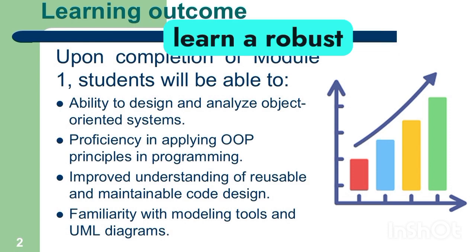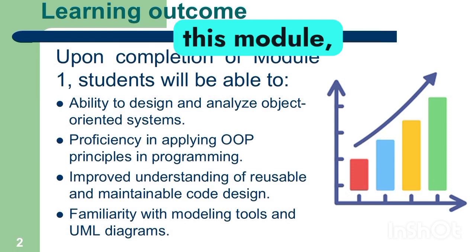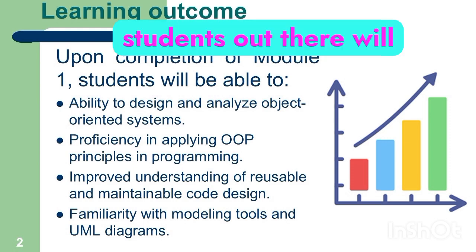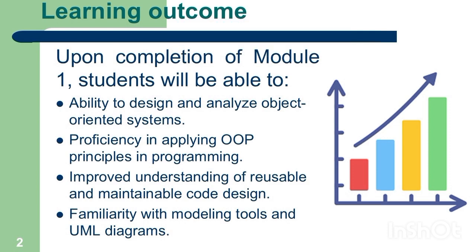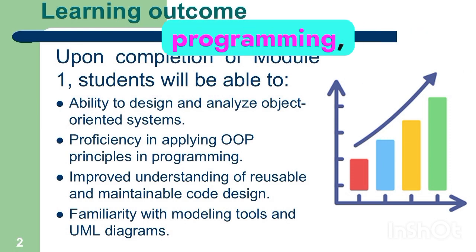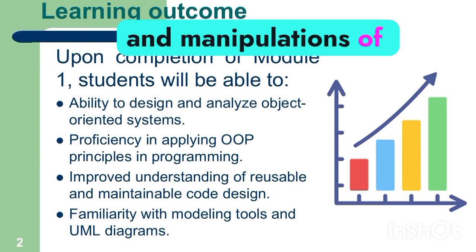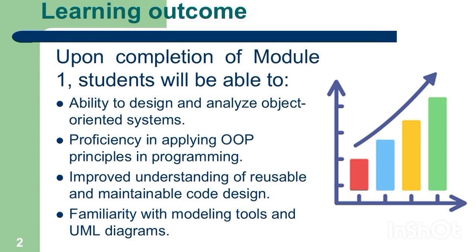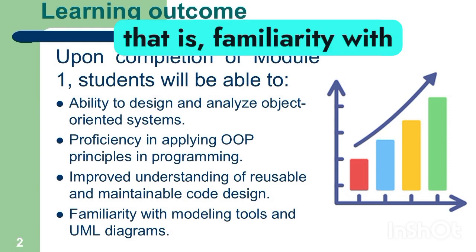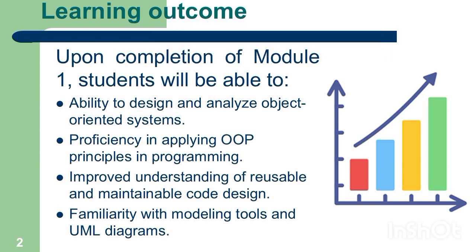We are also going to learn a robust and reusable software design so that at the end of this module, students out there will have the ability to design and analyze object-oriented systems. They will also be proficient in applying object-oriented principles in the fields of programming, improve the understanding of reusable and manipulations of code design. That is familiarity with modeling tools and then unified modeling language diagrams.